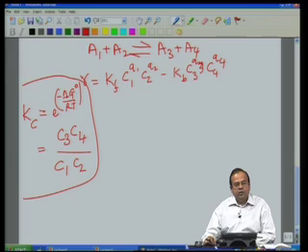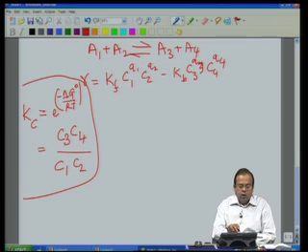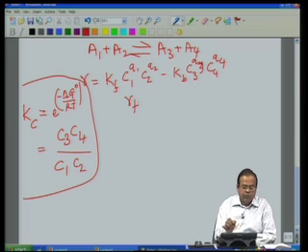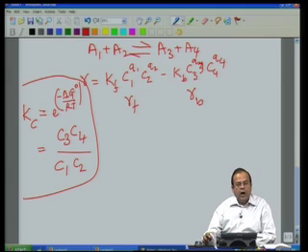Let us visit that equilibrium in a slightly different manner. When this reaction is taking place, what happens? We have forward reaction rate, which is this Rf, and we have reverse reaction rate, which is this Rb. Now, when equilibrium is reached, the net process simply comes to a halt.